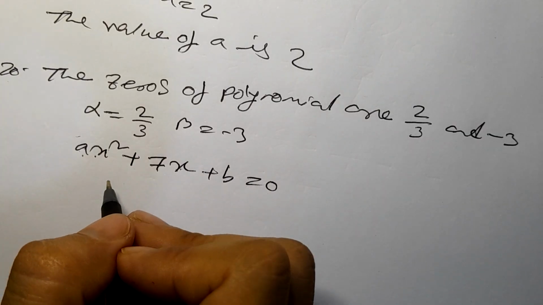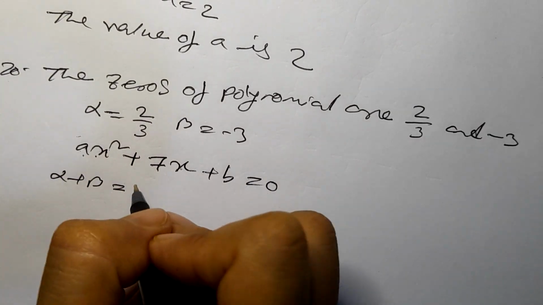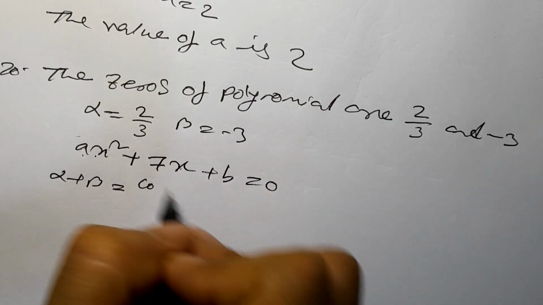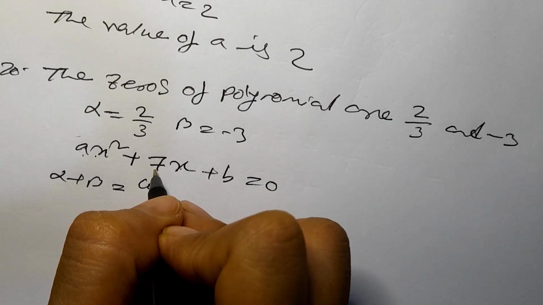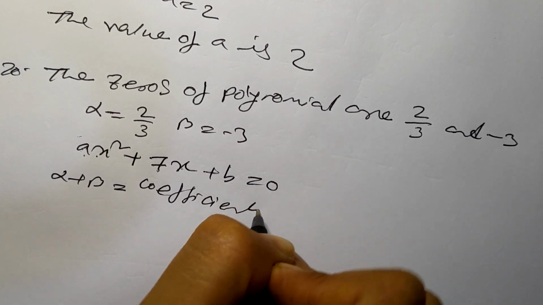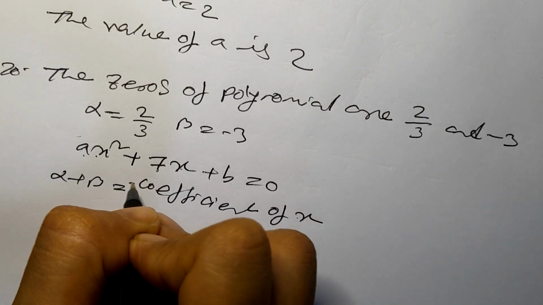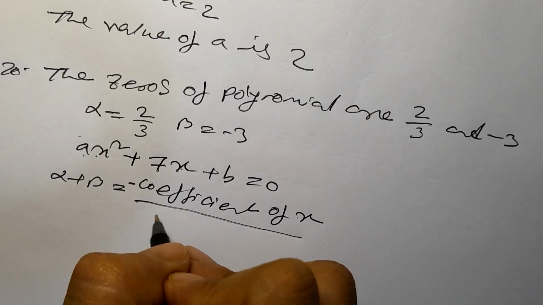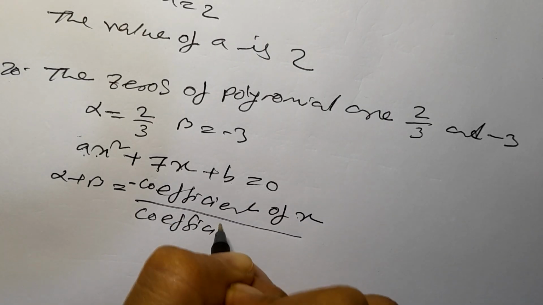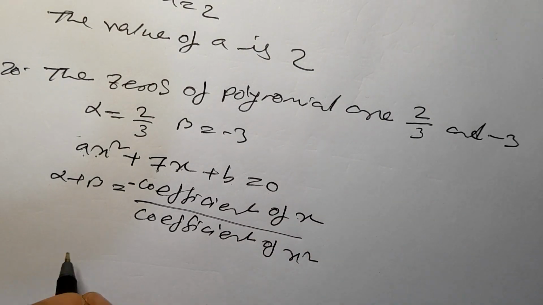So we know that sum of zeros is equal to alpha plus beta equal to minus coefficient of x divided by coefficient of x square. I am writing coefficient here also a, and if we write b, we will get confused.